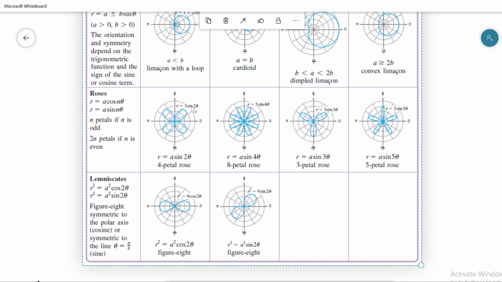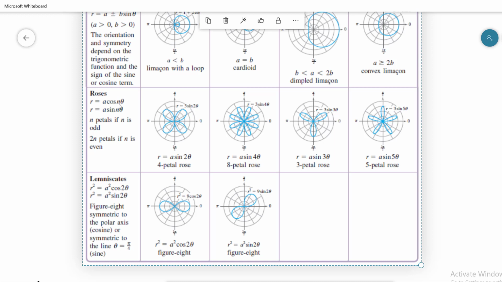These occur whenever you start changing the factor that's being multiplied by theta within our function. So if I have cosine of n theta and I make n be a number that isn't just 1, so it's not just cosine of theta, but cosine or sine of 2 theta or 4 theta or 3 theta or 5 theta, you start getting these petals.